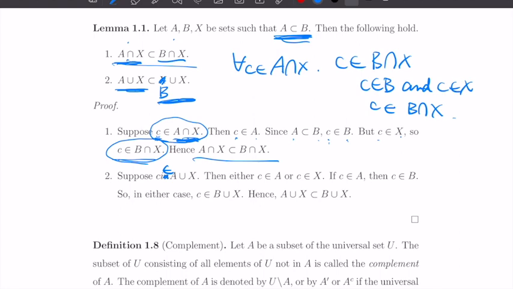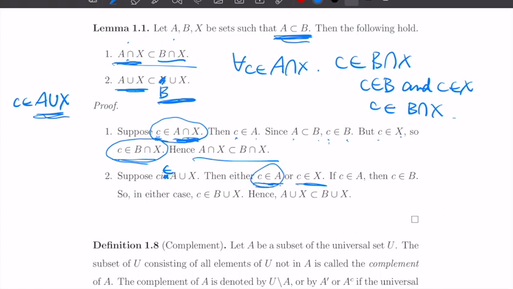So suppose C belongs to A union X. Then by the definition of union, C belongs to either A or X, or maybe both. It doesn't matter. So let's say C belongs to A is true.